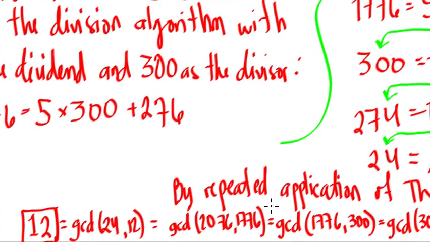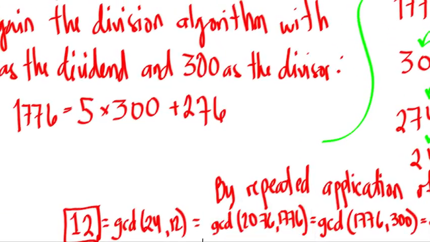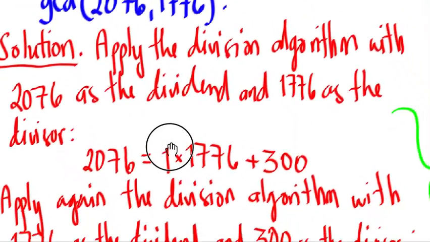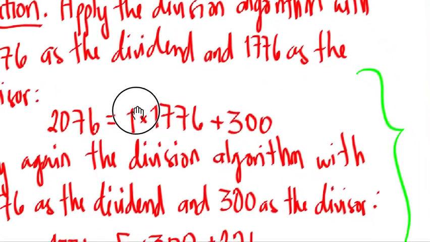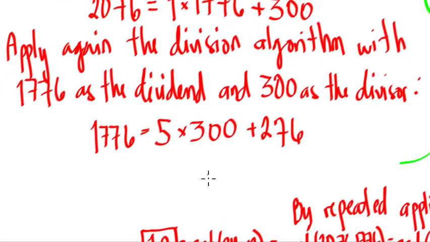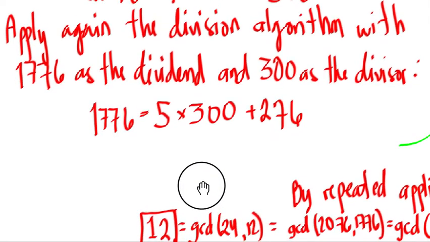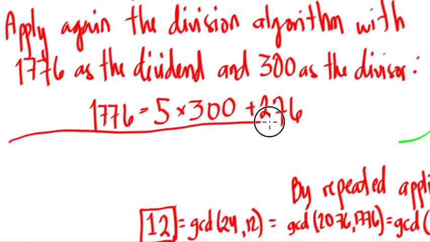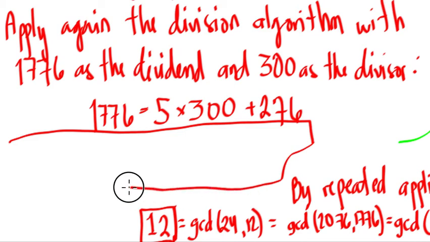Since the GCD of 24 and 12 is 12, we can say that the last non-zero remainder in this procedure is the GCD, that is 12.